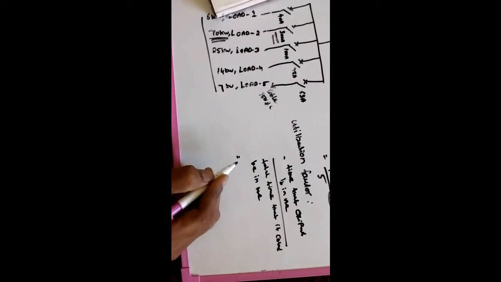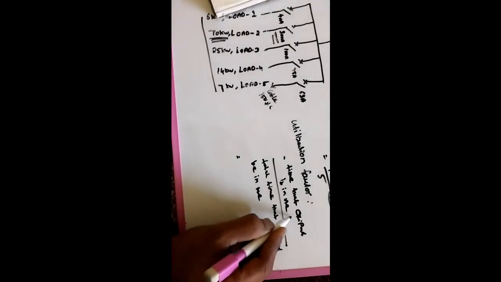If we have one motor, we use it per day for 7 hours. It is mostly calculated as 7 into 365 per year, so we take per year.